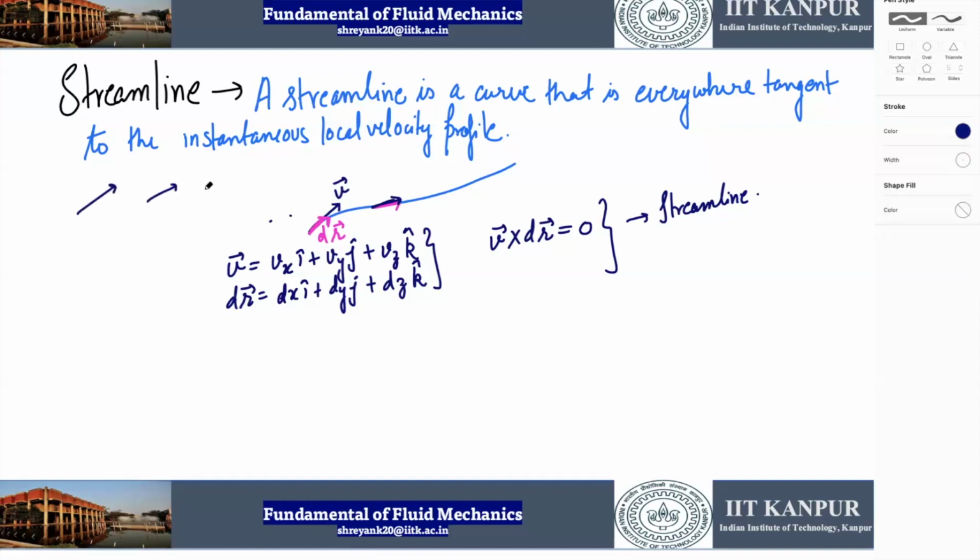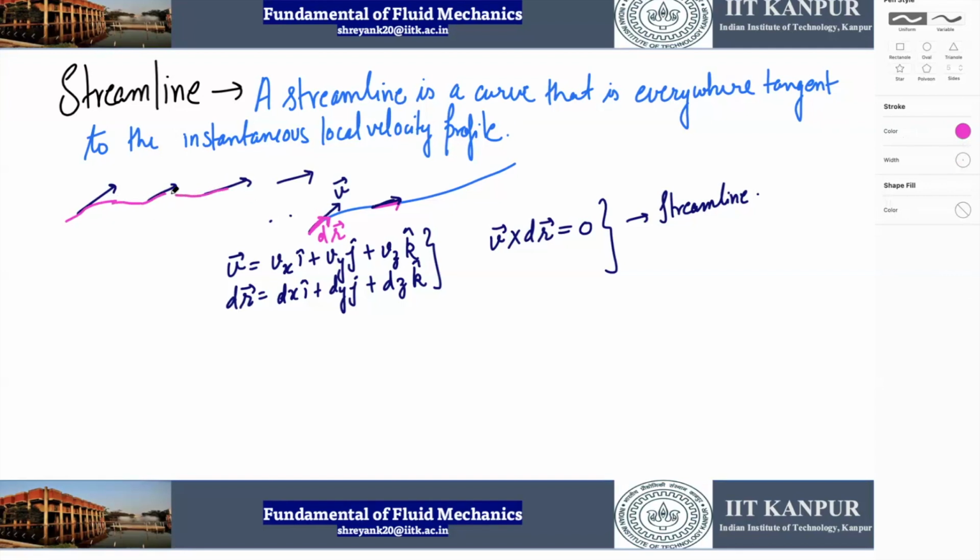Is it the path followed by fluid? Yes, it is the path followed by fluid. This is the velocity vector at different instants of time and with position. If I have to draw the streamline, then it should be locally tangent to this velocity vector.